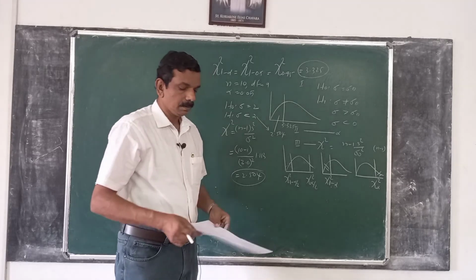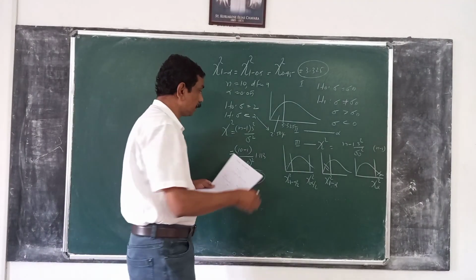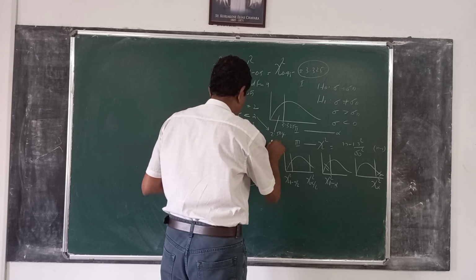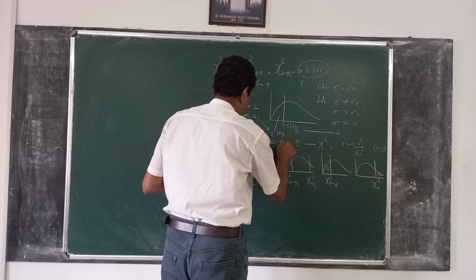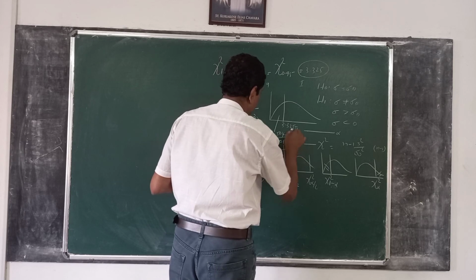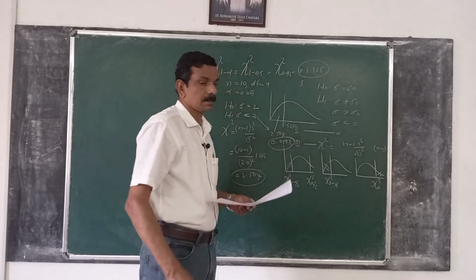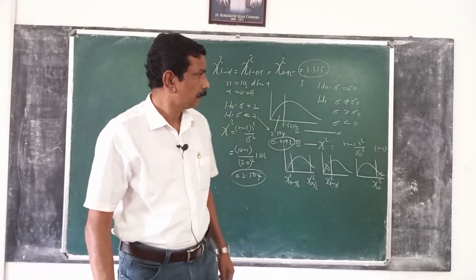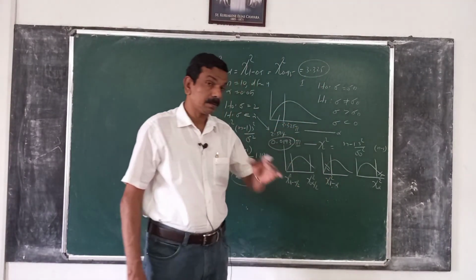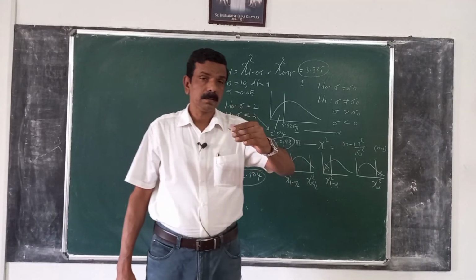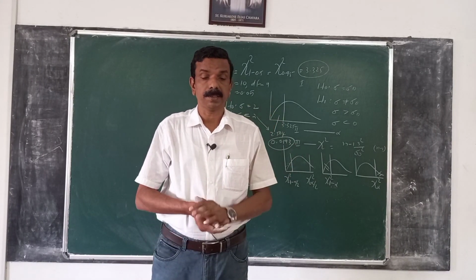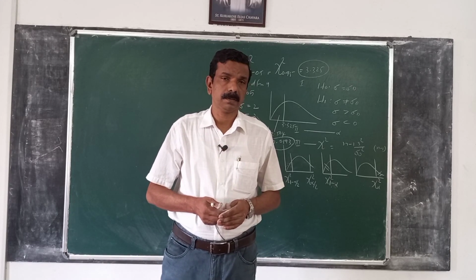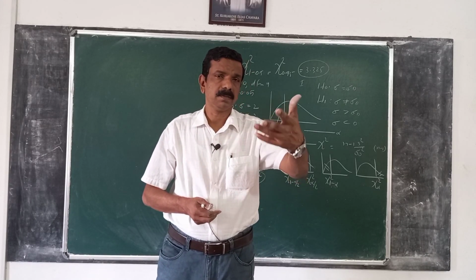Or if you calculate the p-value of this, it is 0.0193, and that is it. So this is how we conduct hypothesis test for one population standard deviation. You can experiment with different examples.